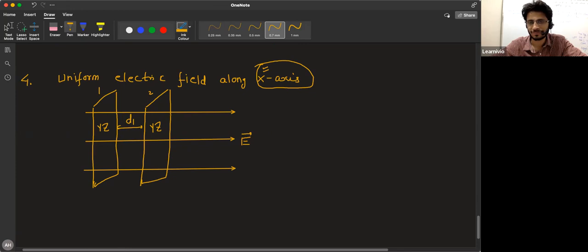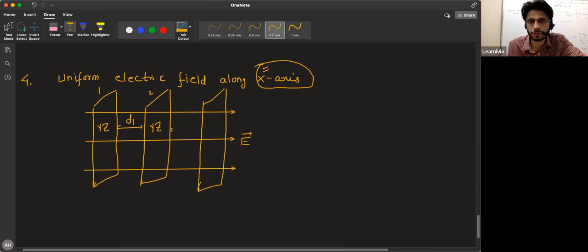D1. Yashika, can you explain? I didn't understand. See, the separation between 1 and 2 is D1. I'm asking what about the separation between 2 and 3, this D2? Will it be equal to D1, less than D1, or greater than D1?